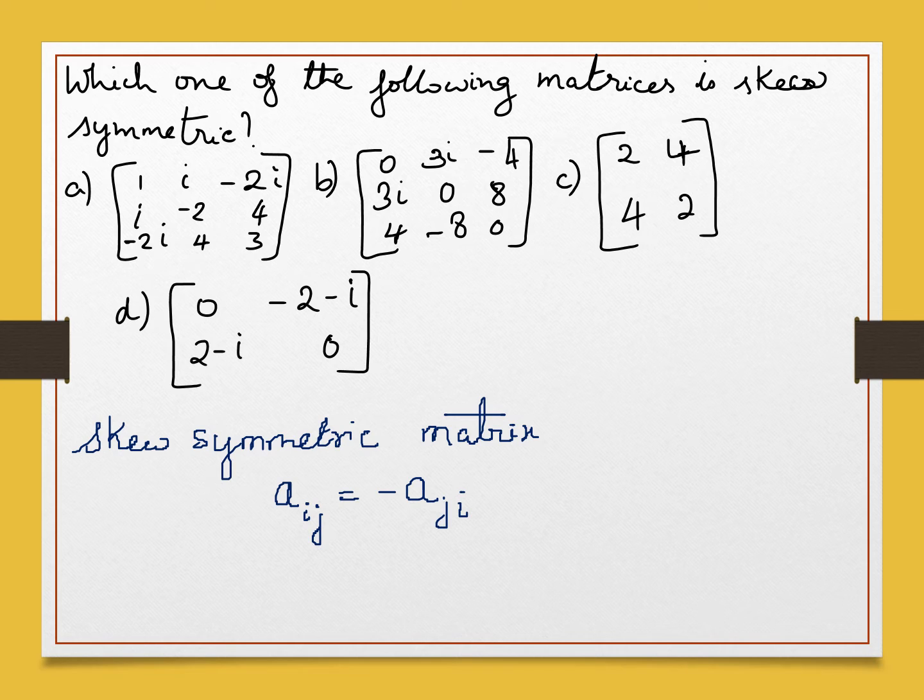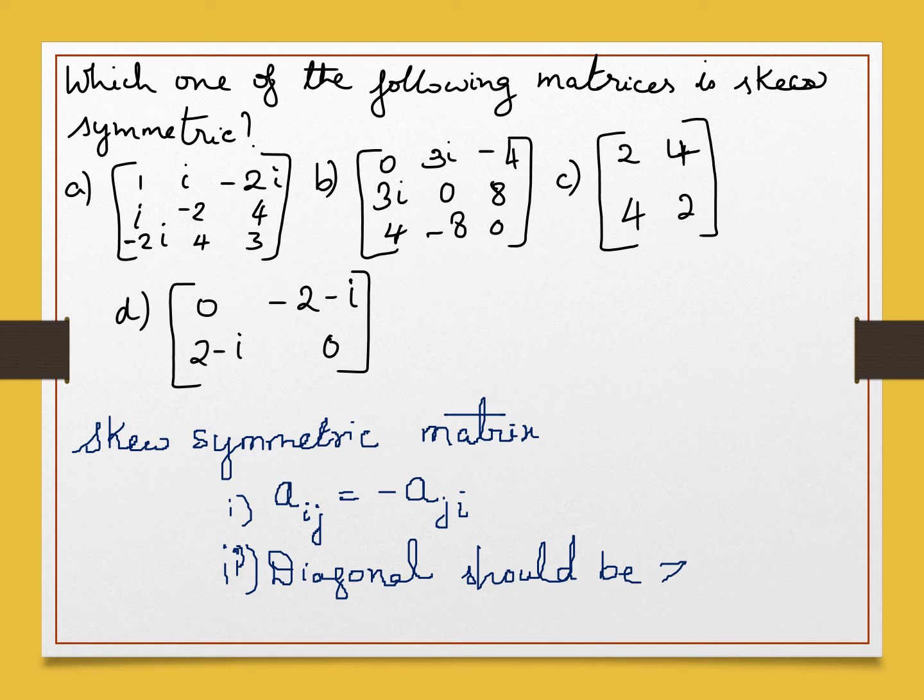That means if we transpose the matrix, then the negative of that transpose will be equal to the original matrix. The second property: for every skew symmetric matrix, the diagonal should be 0.